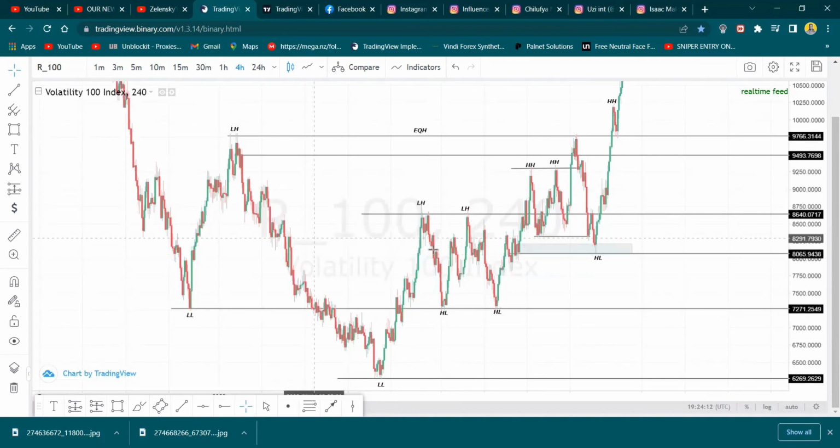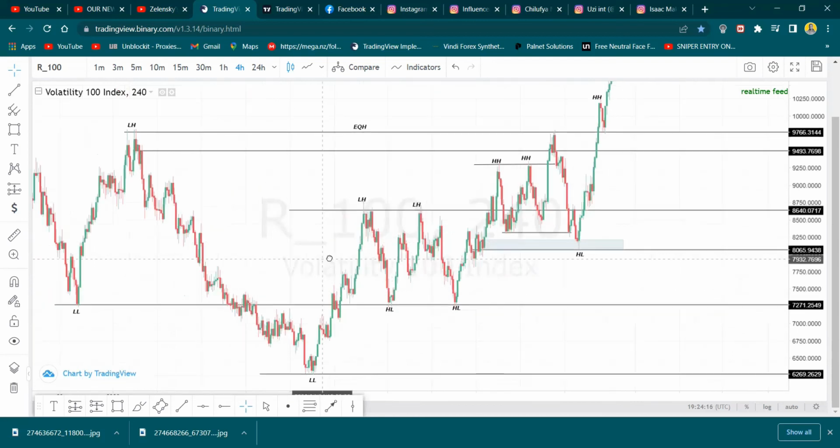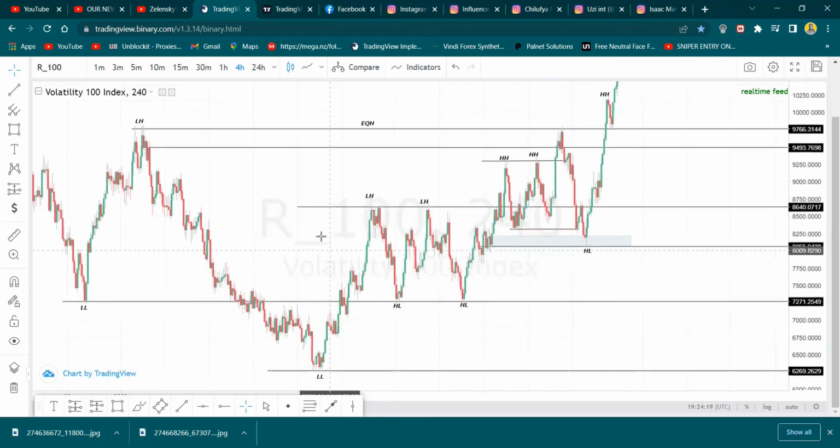You're just painting a picture of what's happening, a story, writing it down in your mind. It's going to help you know, okay, it's doing this. And normally, when it creates a new higher high, such and such a thing happens. When it creates a lower high, such and such a thing happens. You get it.